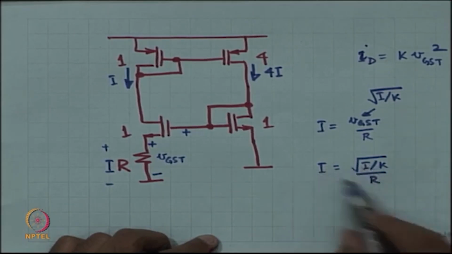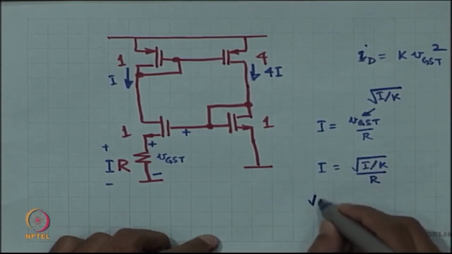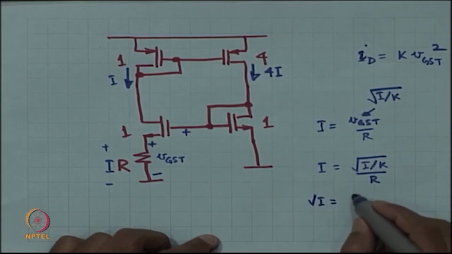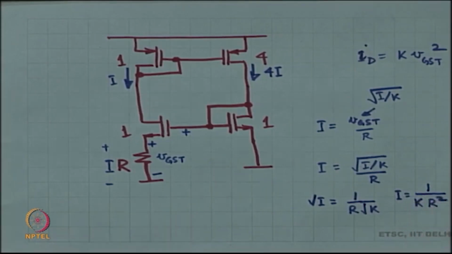So, square root I cancels out, and what you get is that root I is equal to 1 by R root K, or in other words I is equal to 1 by K R squared. Okay. So, this is something interesting.